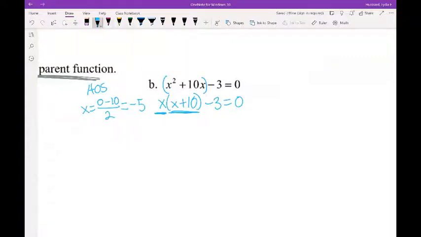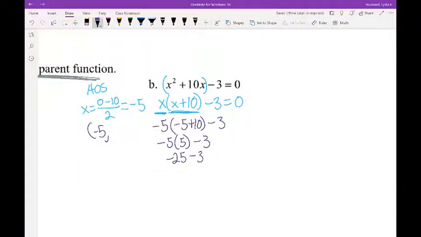Again, that value is the same as the x value of my vertex. So to find the y value of that vertex, I'm going to plug back in. So -5 times (-5 plus 10) minus 3. We'll do PEMDAS. So parentheses gives us a 5 here. -5 times 5 is -25, minus 3 is going to be -28.